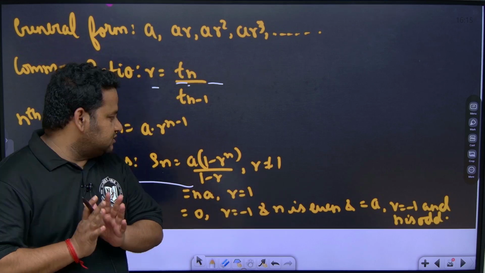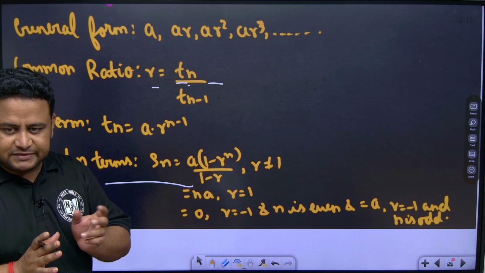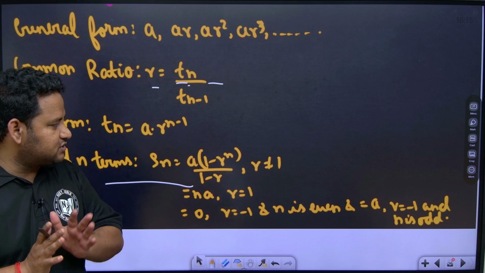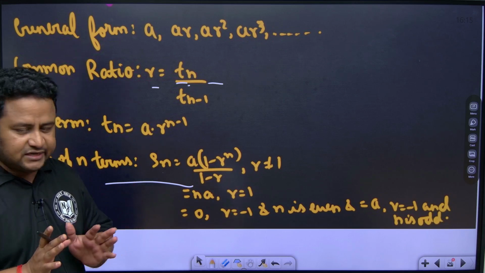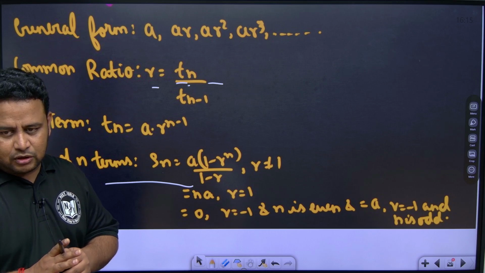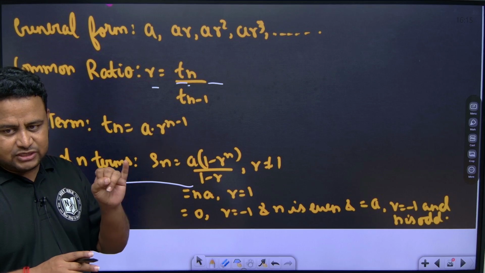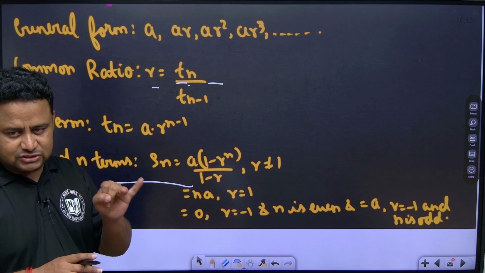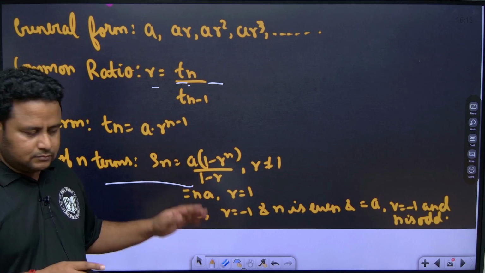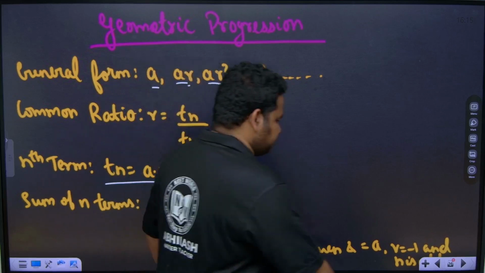Remember like this: if R is equal to 1, it is n times A. If R is equal to minus 1, it can be 0 or A: 0 if n is even, and A if n is odd. Clear? Yes. Okay, next one.